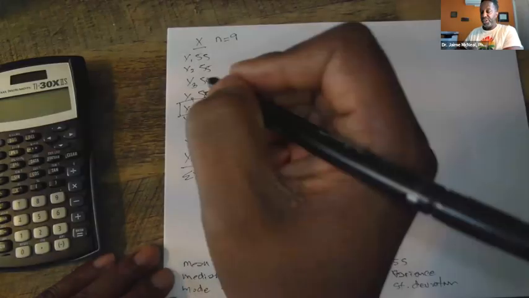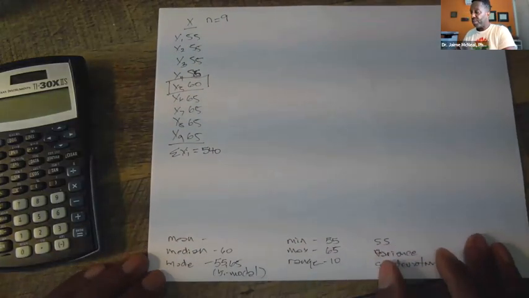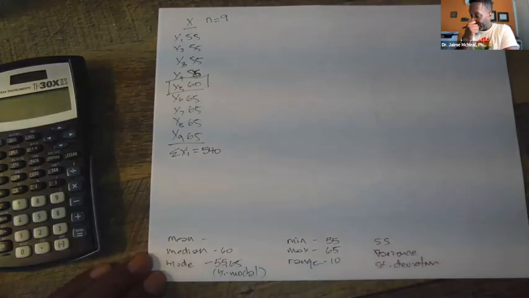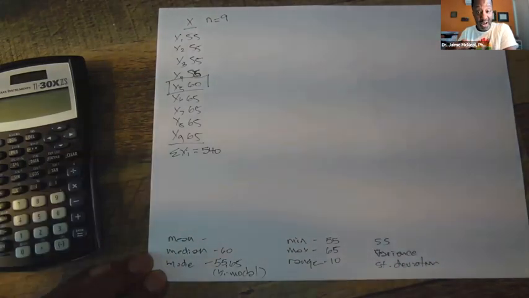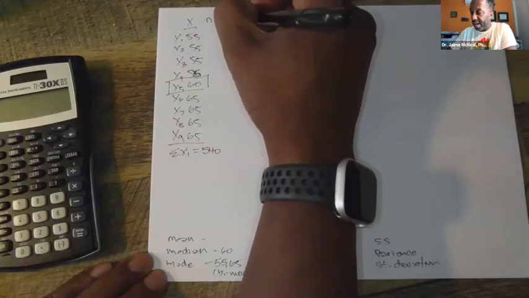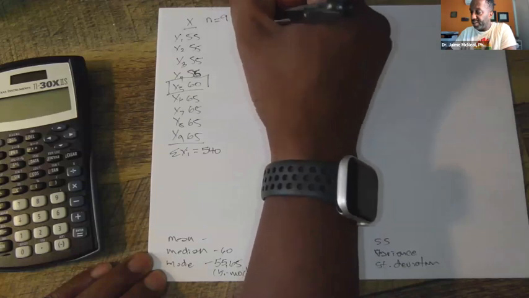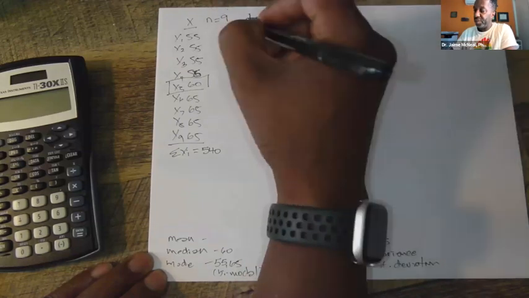Now, if we're going to reduce the data using the definitional formula, we have to figure out what the deviations are of each x from the mean. So absolute deviation, it is x minus M, right?